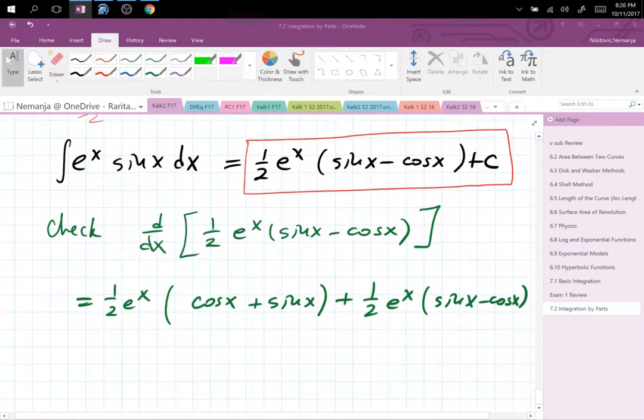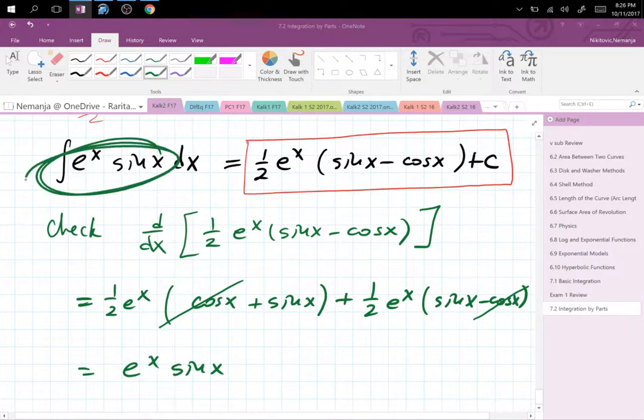There you go. So what do we have? The cosines will cancel, exactly, and you have 1/2 plus 1/2 is 2/2, which is 1. So e to the x sine x. That's exactly what you have to get, right there.